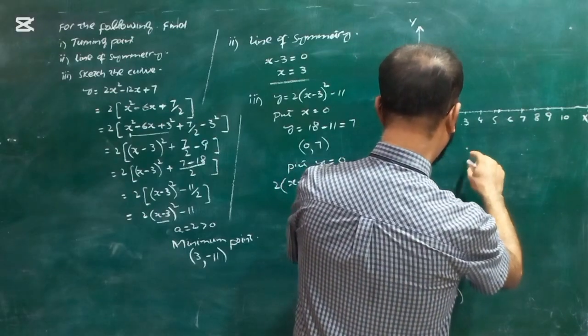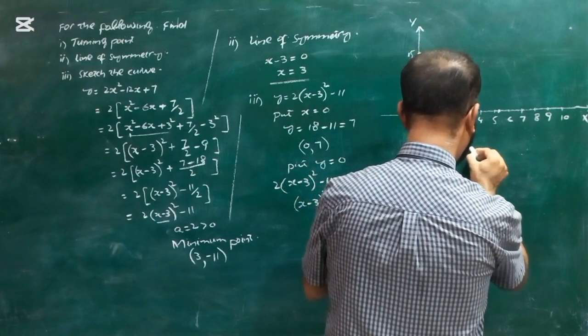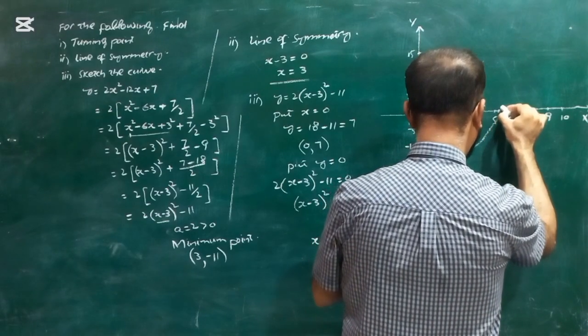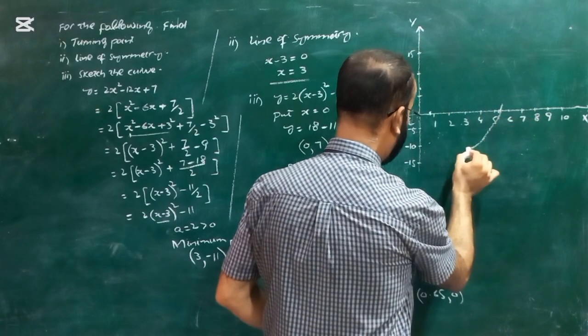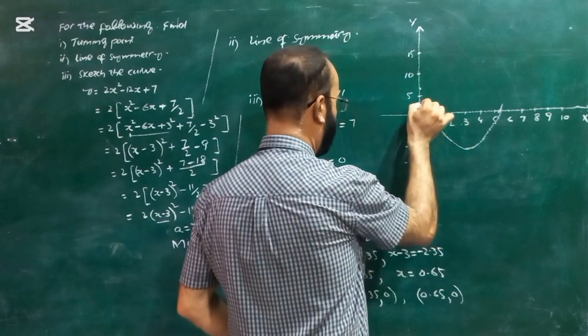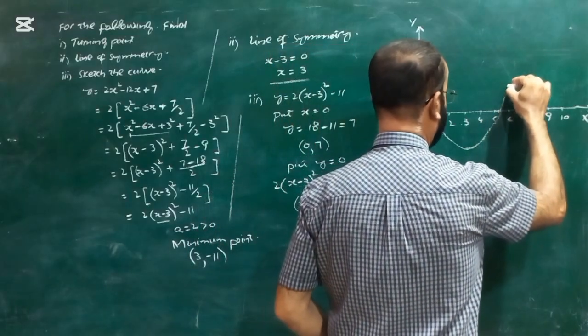So these are the points now. So this is the turning point. So make a smooth curve now. So this is the curve.